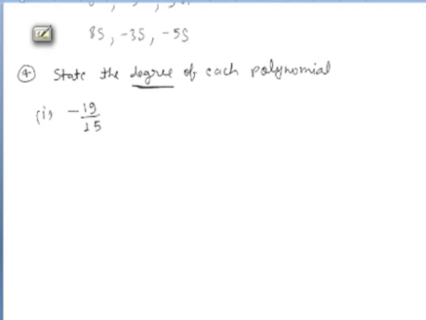Here in this term there is no variable. We can write this term as 19 upon 15 into x to the power 0, because the value of x to the power 0 is 1, and the degree is 0.